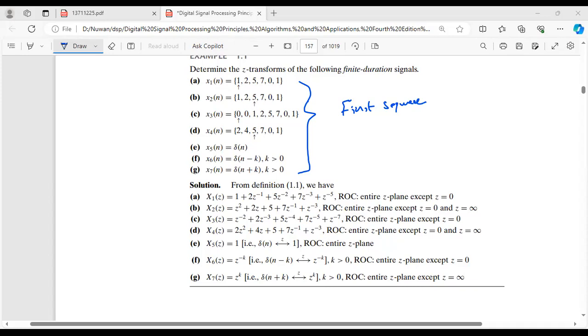This is the zeroth sample, this is the first sample, second, third, and so on up to infinity. This sequence goes up to infinity, so this is an infinite sequence.